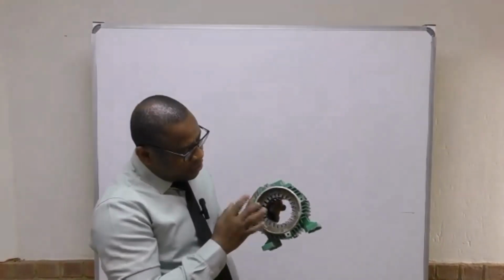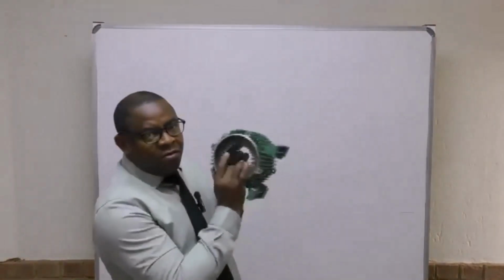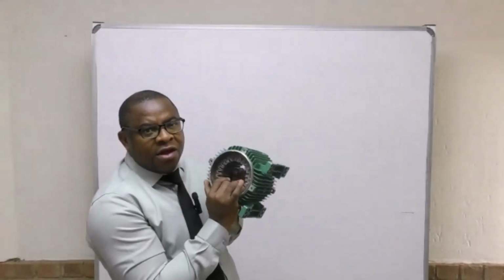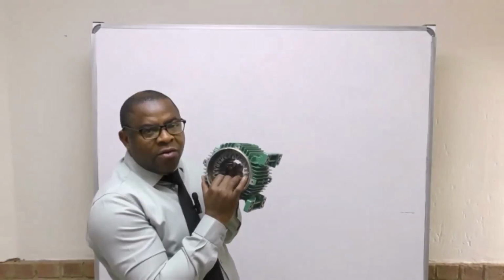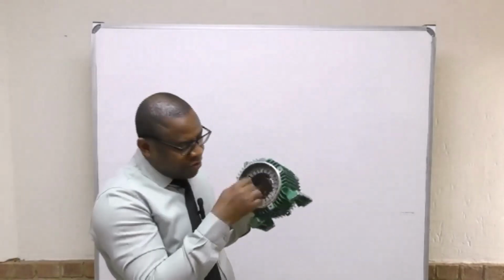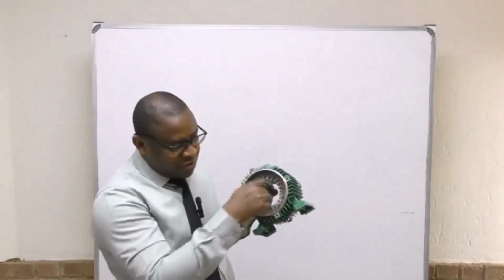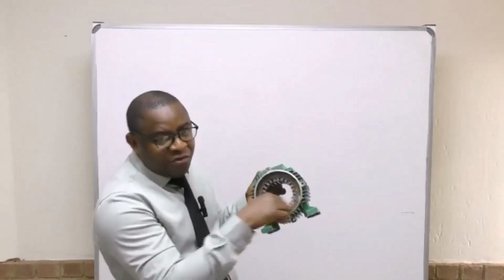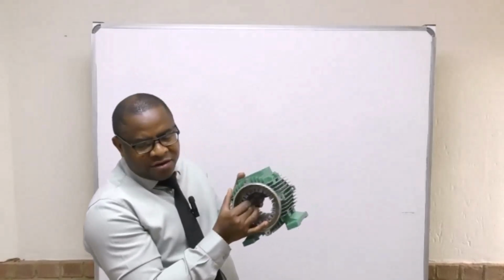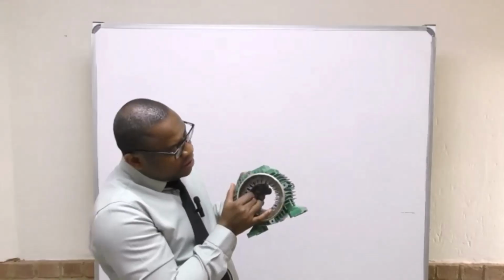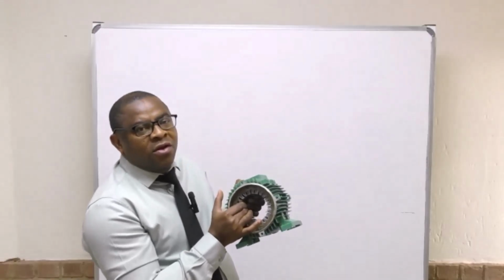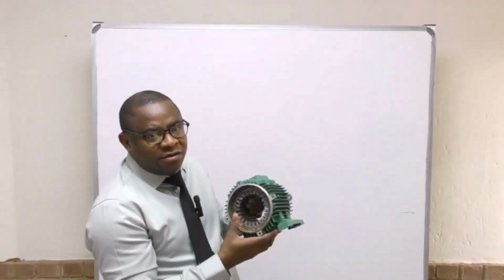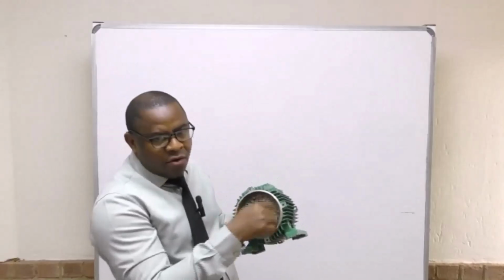So there will be some losses, of which we can have copper loss, which is due to the resistance of the wires that we are going to have here. Remember, I've removed the wires, I'm still rewinding that. So there will be losses there, and also eddy current losses in the core around here.